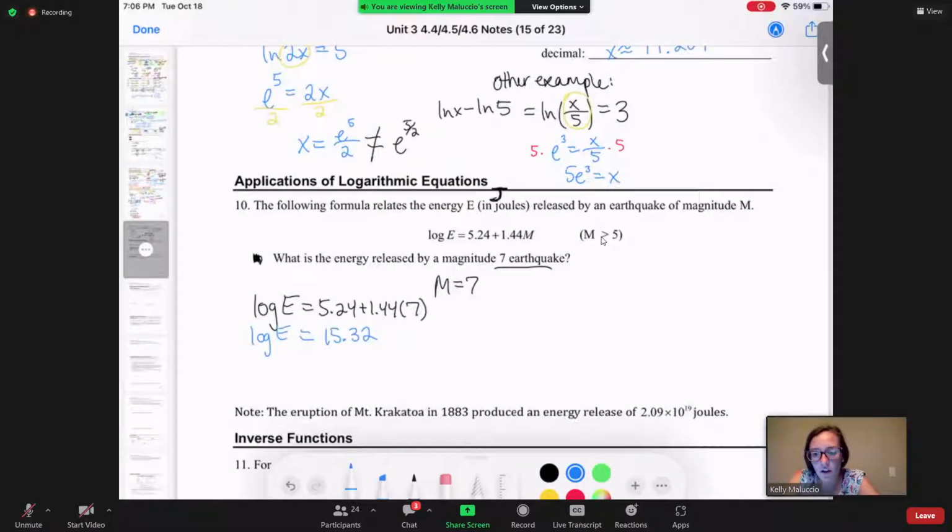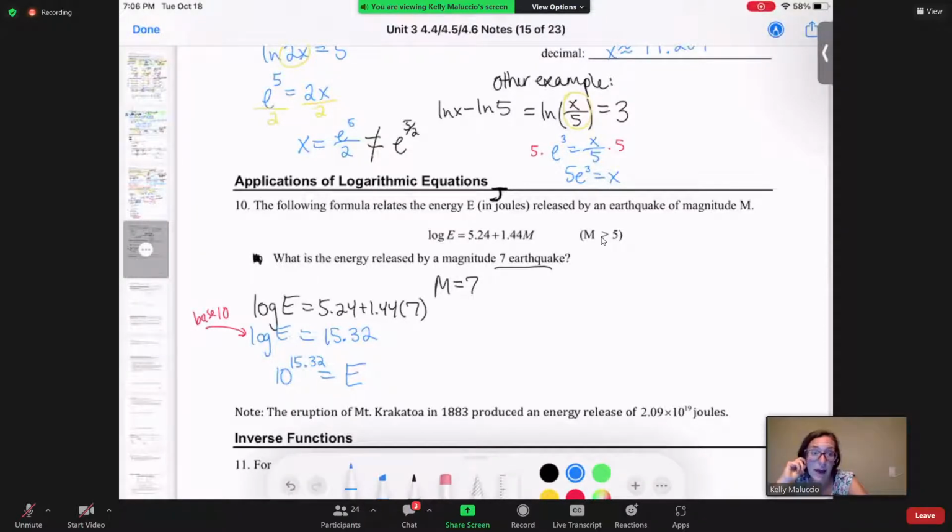And then I have this log of E. So for those of you that didn't like the ln that we all just used, we're back to log. So this is base 10. So we can rewrite this as 10 to the 15.32 is our E, our energy in joules.